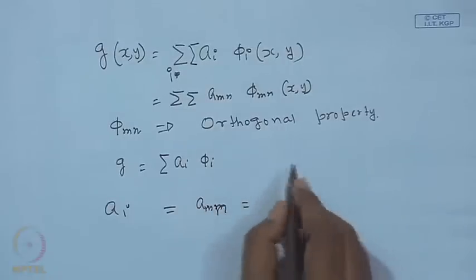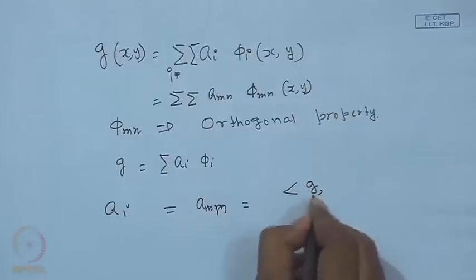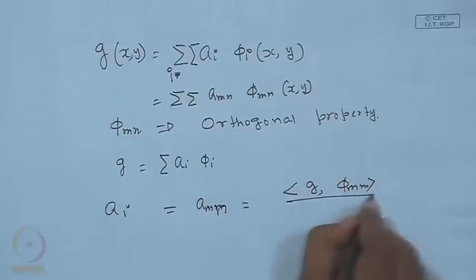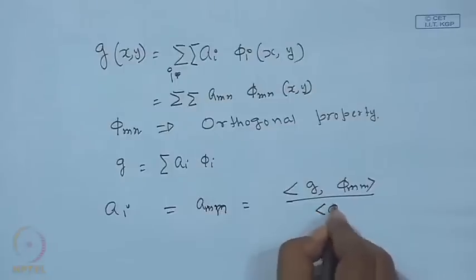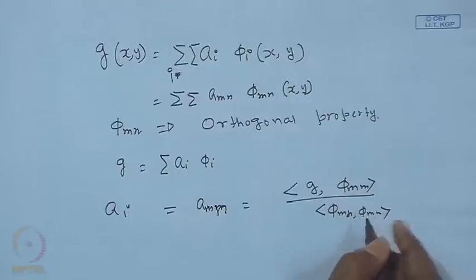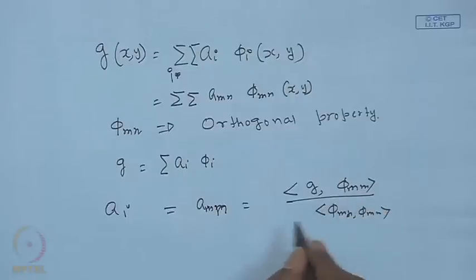Now, a I, or a m n, can be evaluated by taking the inner product of g with respect to phi m n, or phi I. This is because of the orthogonal property of the eigenfunctions.